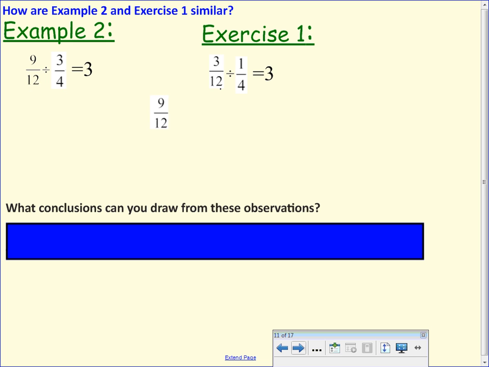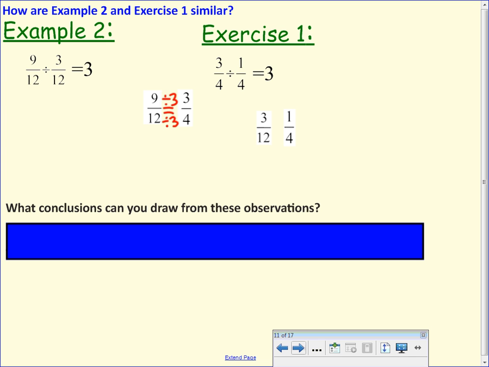Here we had 9/12. And, oops, I did this backwards. I'm sorry. When I put it back together from last period. These are the original equations. So 9/12 and 3/4. What do we know? Those are equal. Those were scaled down by dividing by 3. And what do we notice here about our divisors?